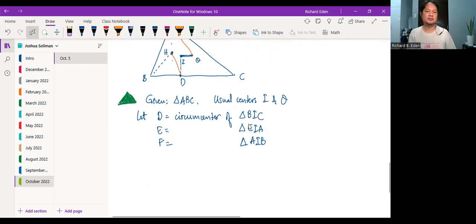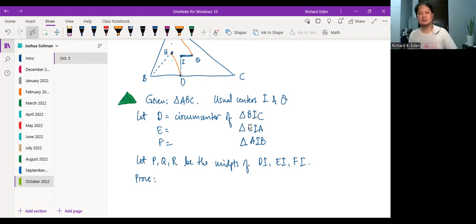Let P, Q, R be the midpoints of segments DI, EI, and FI. What is the term for a problem like this, where one point is defined, and then another point is defined using the newly defined points, and so on?